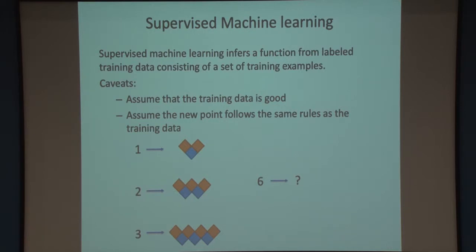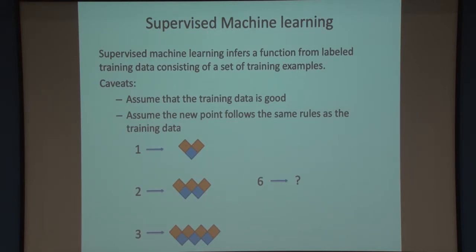Going back to this example, you took a training data set and inferred a function, and then were able to predict a new output for a new point. Machine learning works really well when training data is good. If I had given you a data set that only had 1 point, it would have been much harder for you to accurately predict what this would be.